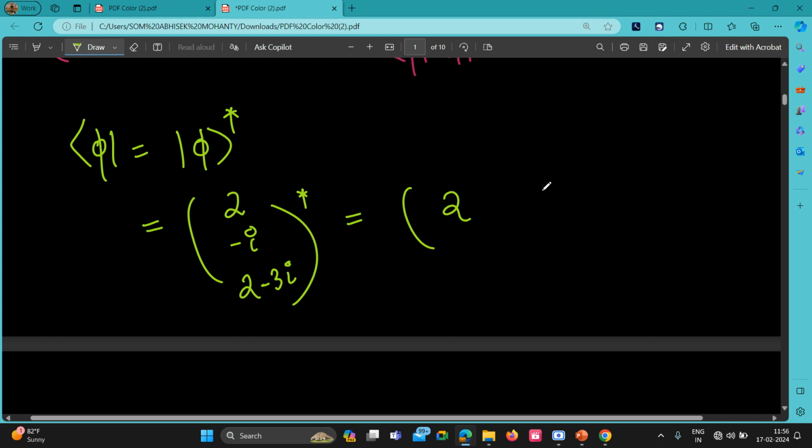It will be a row vector: 2, i, 2 plus 3i, because i is the complex conjugate of minus i, and 2 plus 3i is the complex conjugate of 2 minus 3i. And this is a row vector. Your bra is a row vector. Okay. So this is the first question.